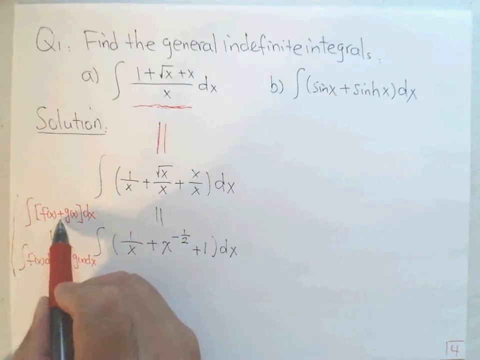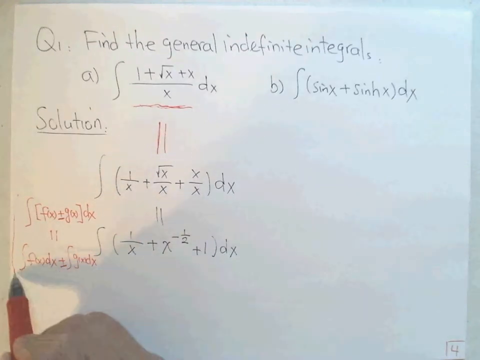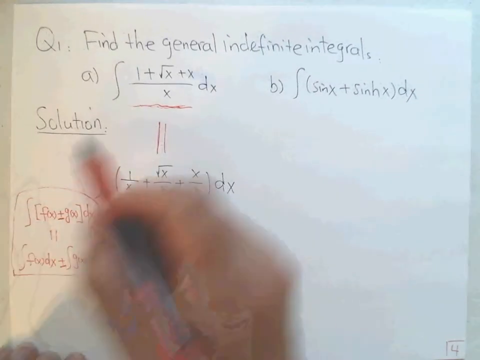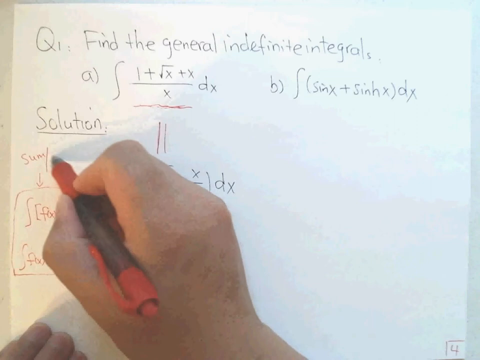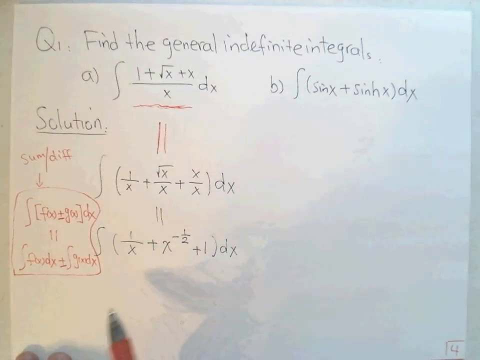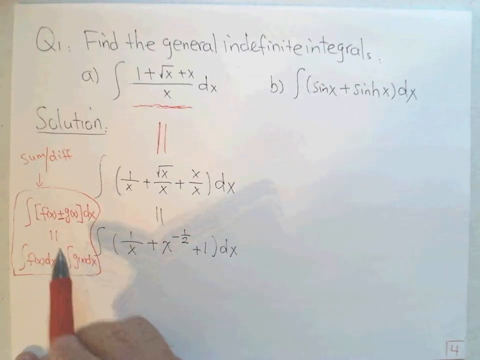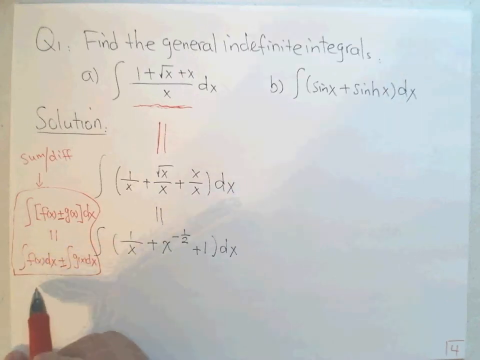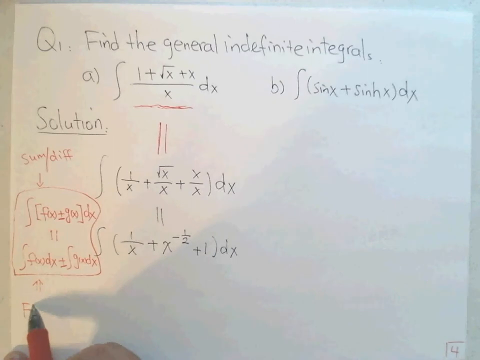This we call the sum formula. If it's a minus, it's the same, so we put a minus. So this is another basic formula, the sum or difference formula. Why is this correct?